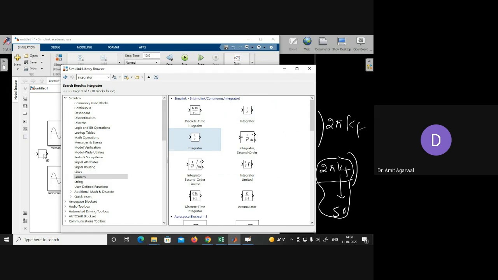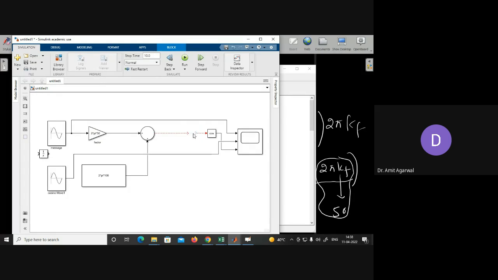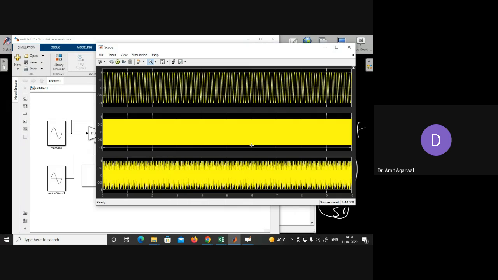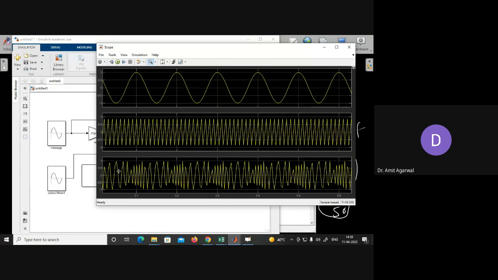Yeah, I choose the continuous time integrator. I think I should also use this one. Maybe that is why the signal was not correct. Yeah, thank you. You also solved my problem. I used the wrong integrator, that is why. No, still it's a problem.